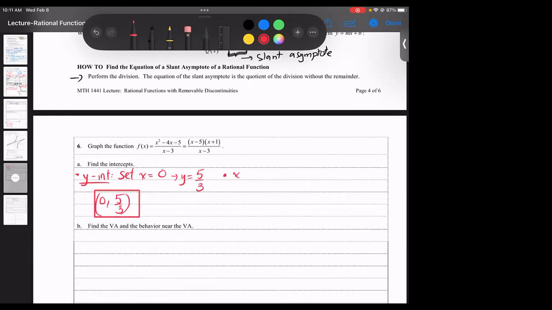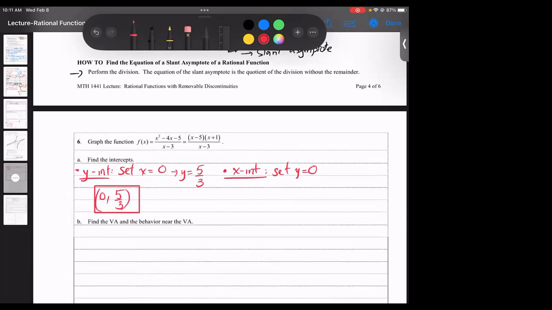And then your x-intercept, you set y equals 0. Here you gotta solve. So I'm gonna use the factored form, okay? x minus 5 times x plus 1 divided by x minus 3 equals 0.